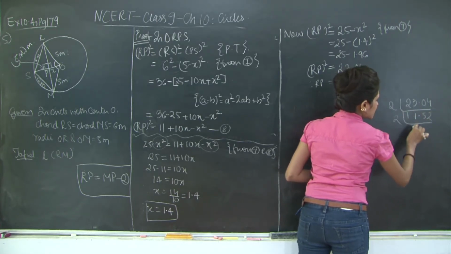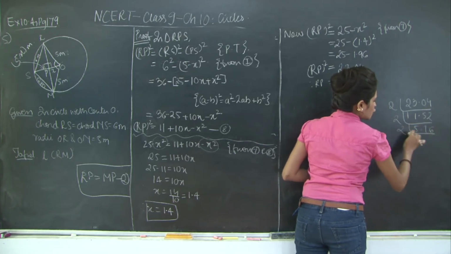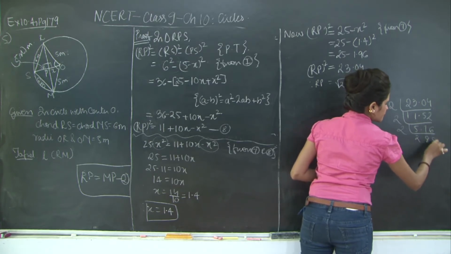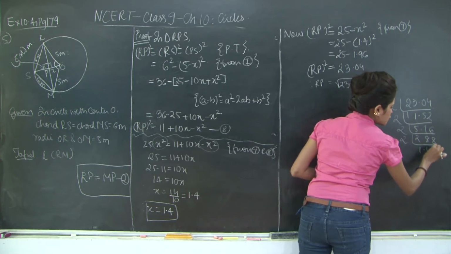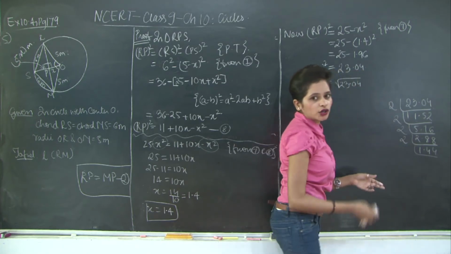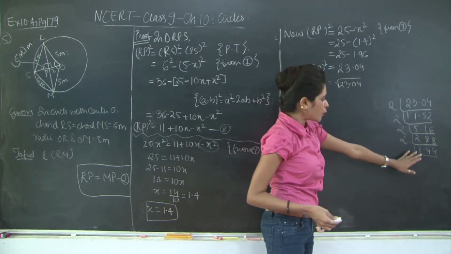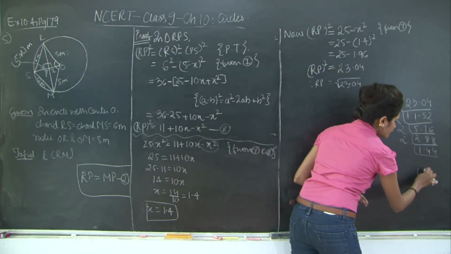Then 2 5s are 10, 2 7s are 14, 2 6s are 12. 2 2s are 4, 2 8s are 16, 2 8s are 16. Then 2 1s are 2, 2 4s are 8, 2 4s are 8. And then we are left with 1.44. We know that the square root of 144 is 12. Therefore, for 1.44 it's going to be 1.2.